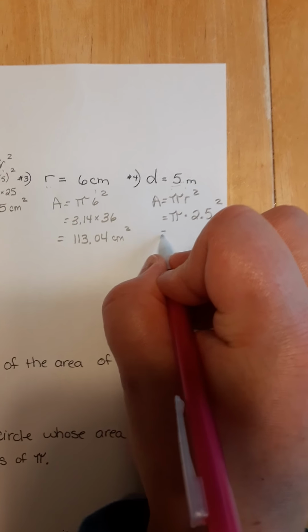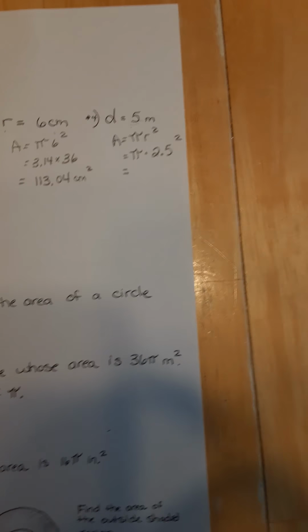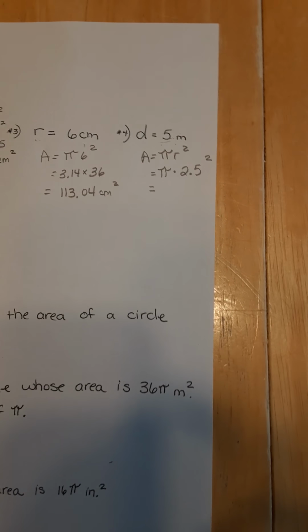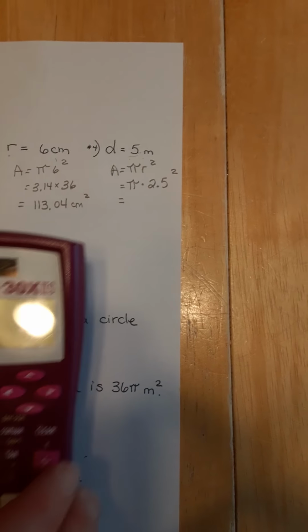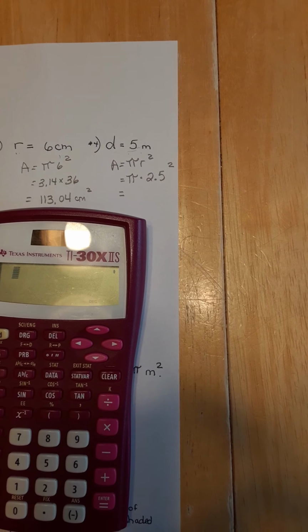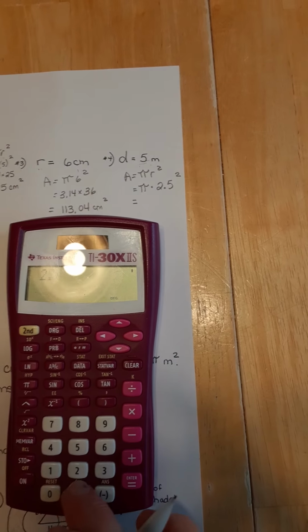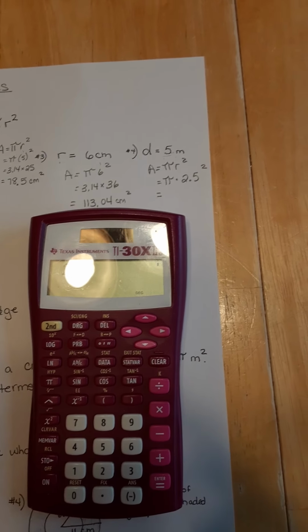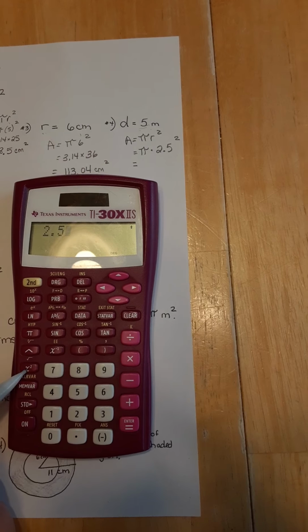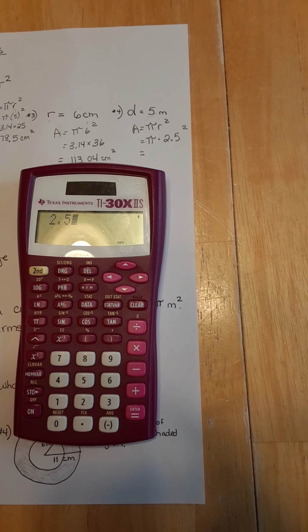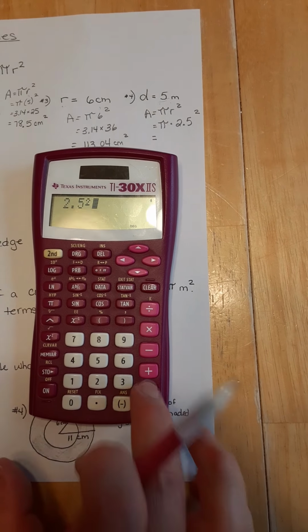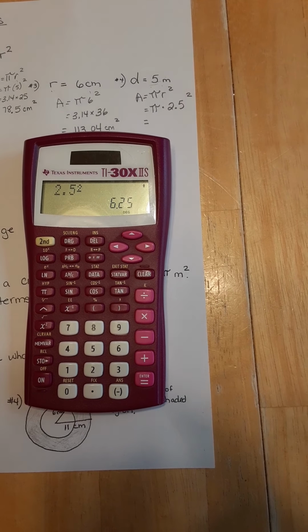Now, I'm going to show you how to work with your calculator here a minute. Okay, our calculators can help us out here. We're going to use 2.5, put that in our calculator, and on my calculator here I have the x squared button. Hit that and then enter. That actually squares it.